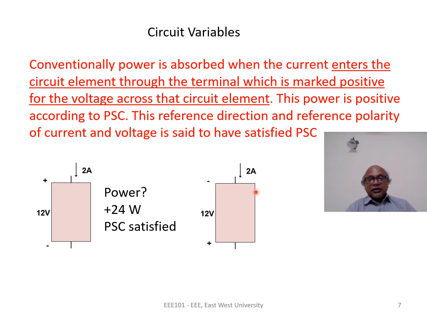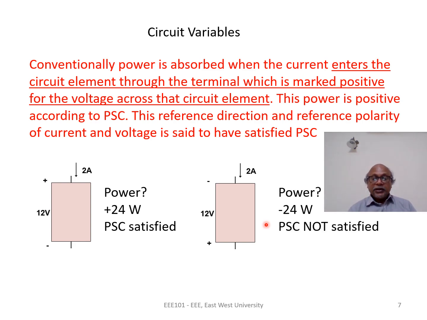If current enters through minus of the voltage, conventionally power is supplied and supplied power is negative. So what is the power? The power is minus 24 watt. And when the convention says power is supplied, we state that in this case passive sign convention is not satisfied.